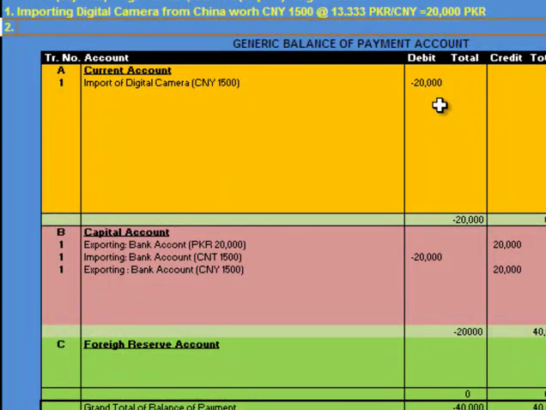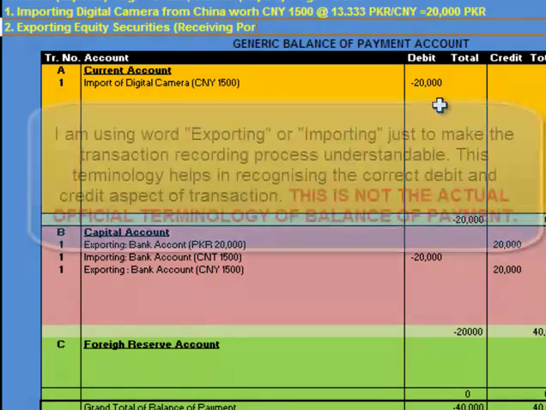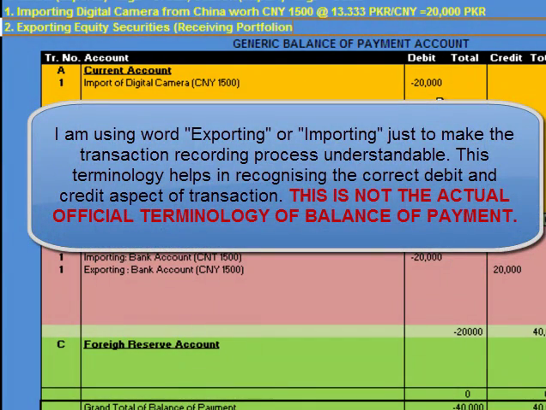And what you are doing, you are exporting equity securities to China. So just write the second transaction here as exporting equity securities, or you can say that receiving portfolio investments.